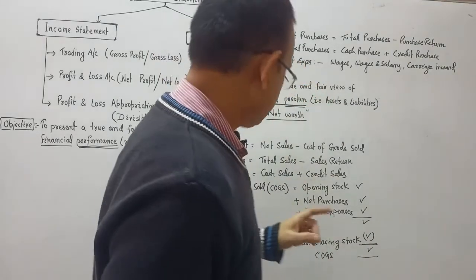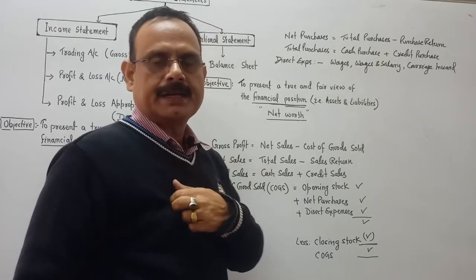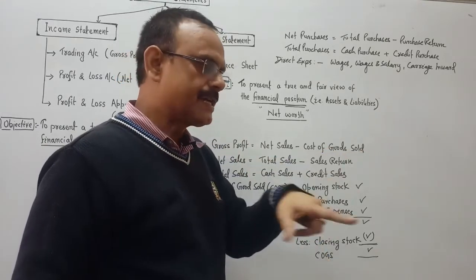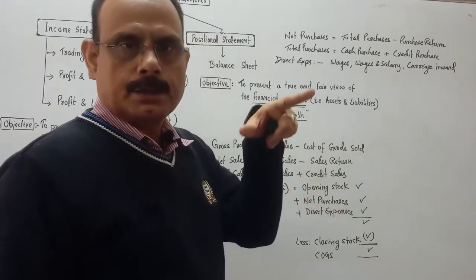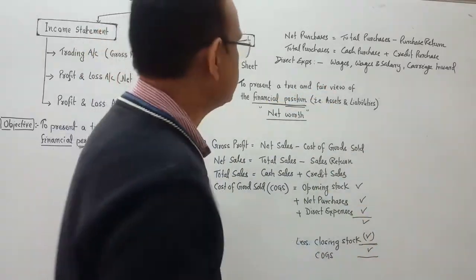What is direct expense? Expenses are classified in accounting as direct expenses and indirect expenses. Expenses which are directly related to the goods, related to the production, are called direct expenses.